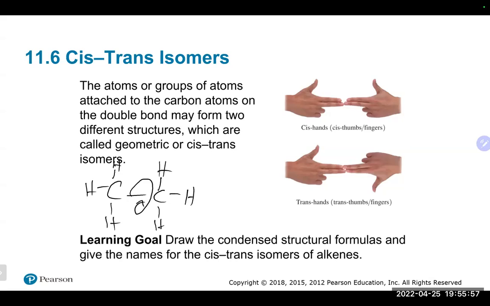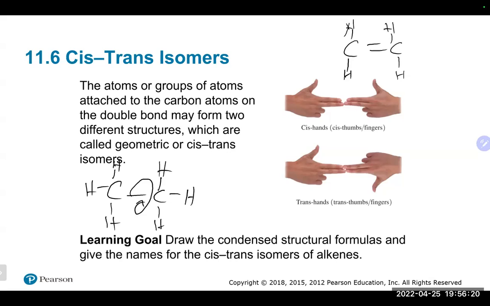I don't know if you built models in lab or not. If you did, you could take the single bond and just twirl it around. It'll just rotate all the way around. What happens when you make a double bond is you essentially will lock everybody into place. You lose the ability to rotate around that double bond. It pretty much just locks in.